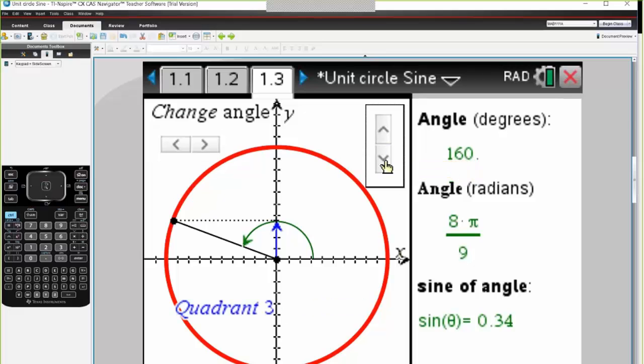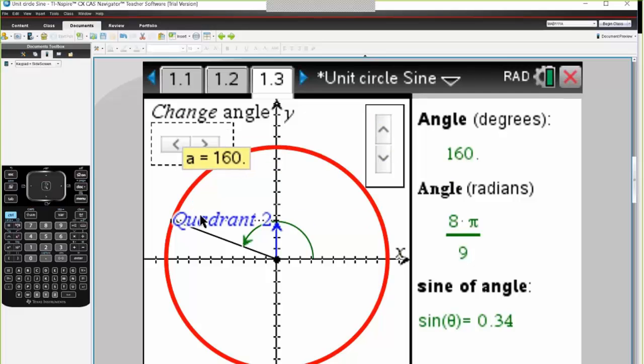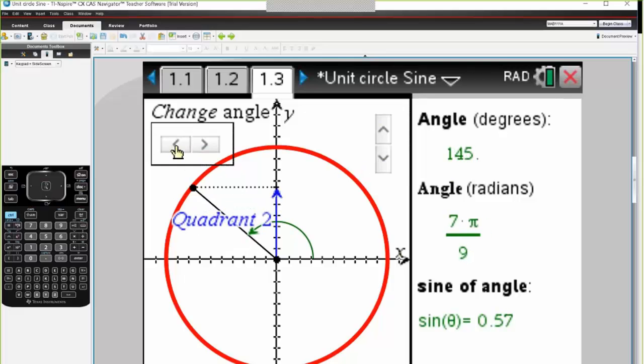We can ask them to focus on a particular quadrant. So I'll actually go up to quadrant 2. If we're focusing on quadrant 2, we can see what the angles are in there. So it's the 145, and see what the sine of that angle is.